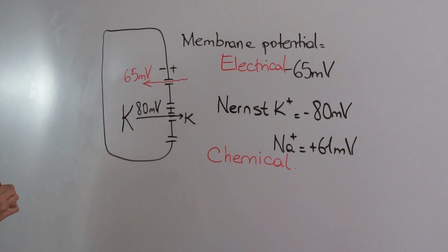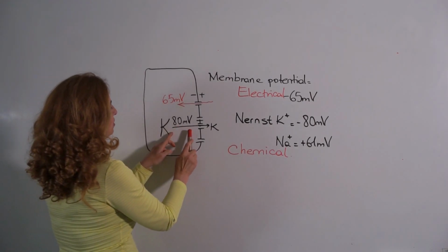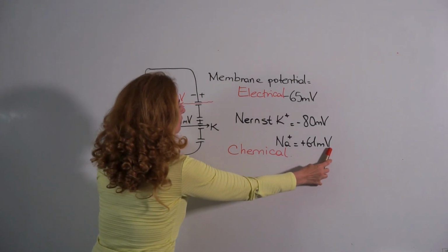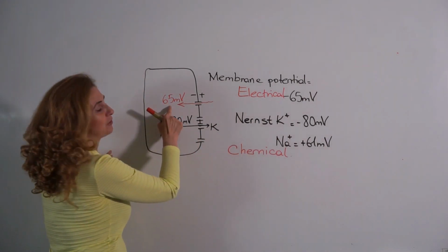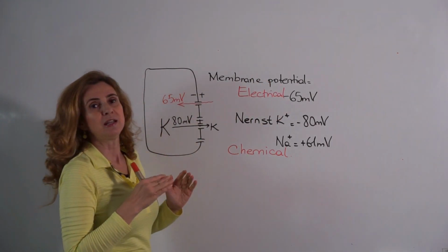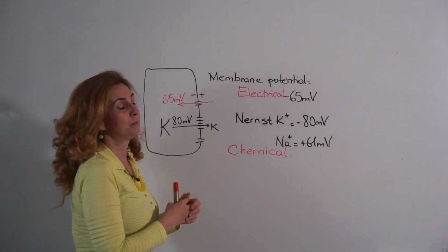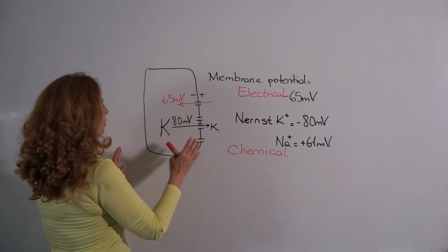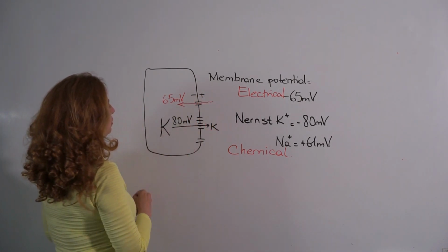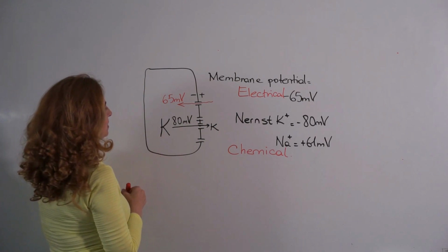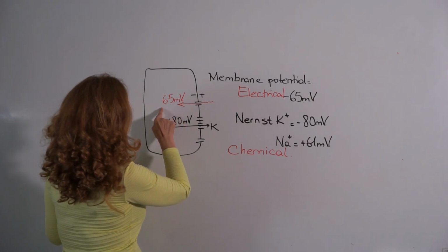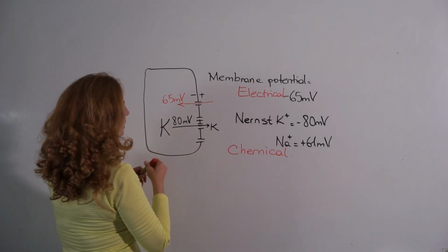So if you look at here, Nernst potential is helping us to convert the chemical force into millivolts so that we can compare it to the electrical force, which is the membrane potential in the real case of a body. So in this example, in which direction do you think potassium is going to move? There is a force of 65 millivolts pushing it in and 80 millivolts pushing it outwards.